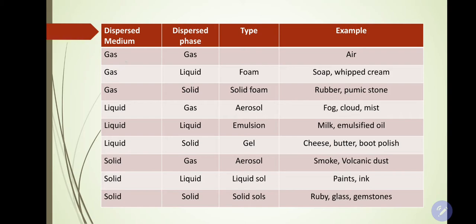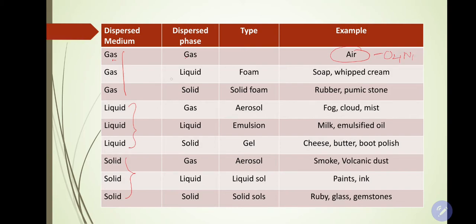Now the dispersed medium can be gas, liquid, or solid. If gas is dispersed in gas, the solute is gas in a solvent. For example, air consists of numerous other gases: oxygen, nitrogen, argon, carbon dioxide.